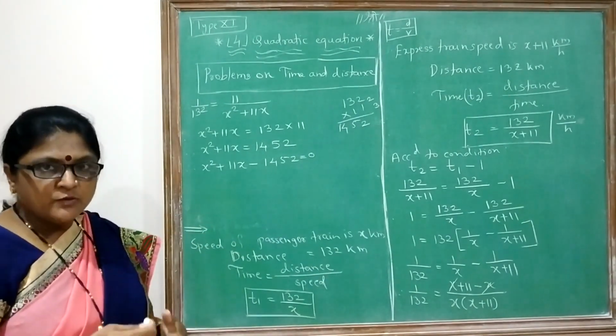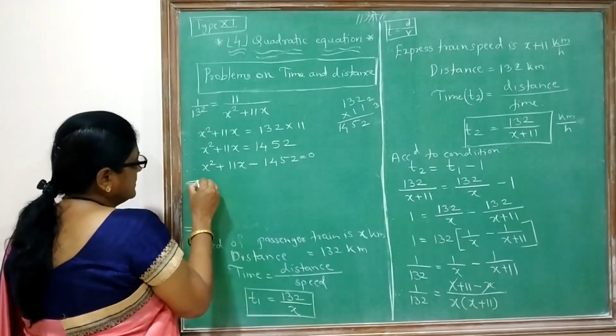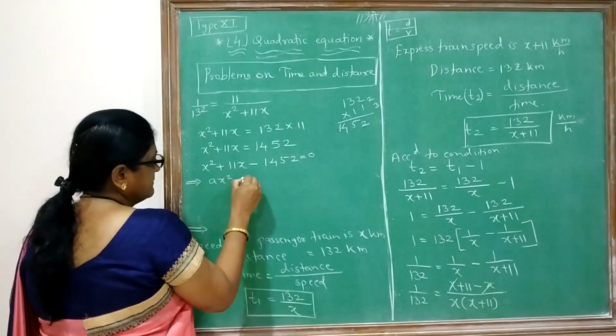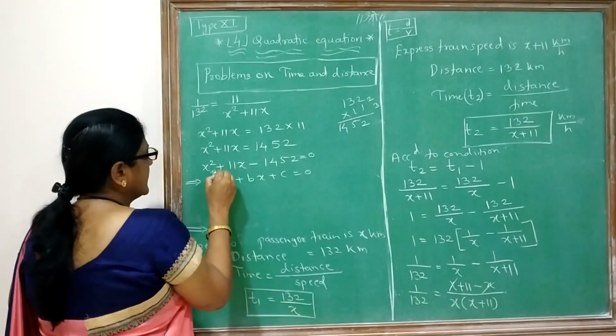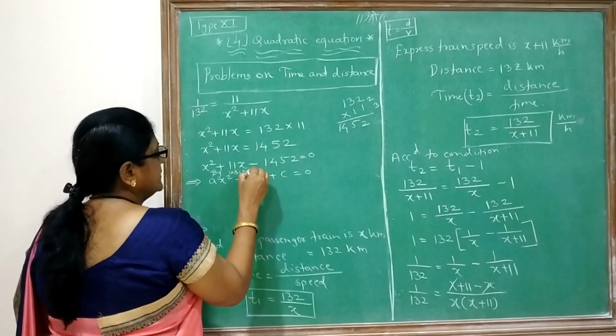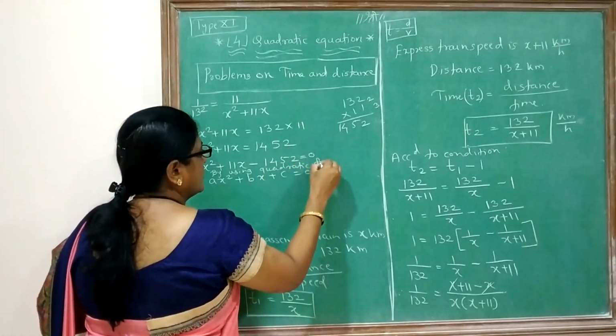Then you will use the quadratic formula method. Quadratic formula means you will compare with ax square plus bx plus c equal to 0 and use the quadratic formula.